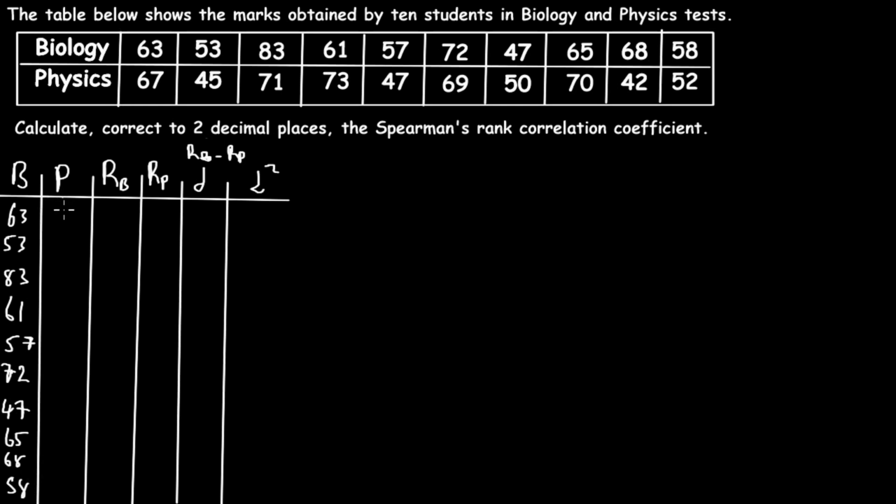Excellent. Now, for the values of physics, we have 67, 45, 71, 73 to correspond to 61, then 47, 69, 15, 70, 42, 52.